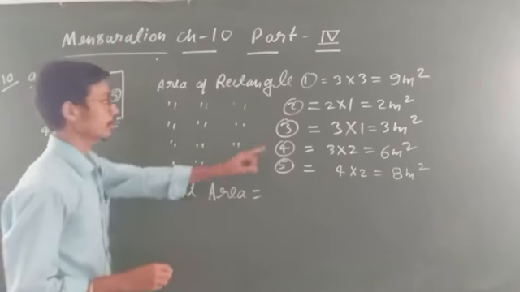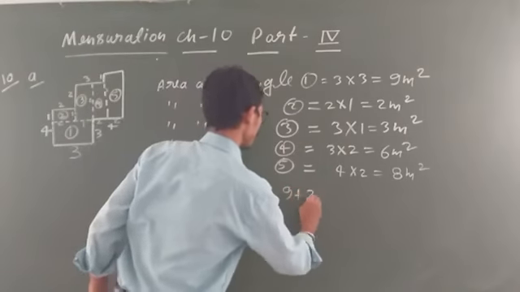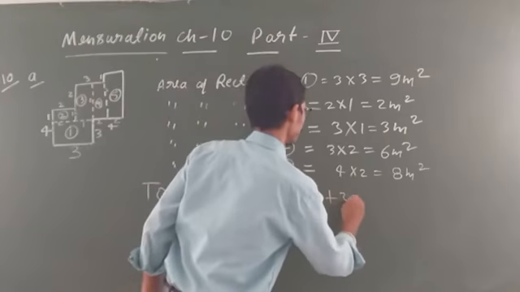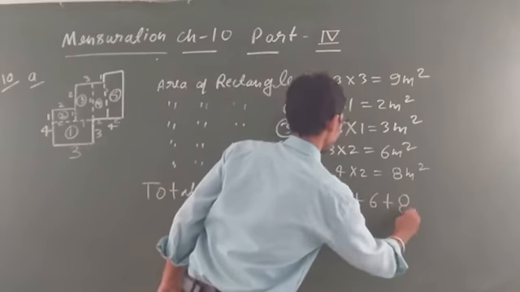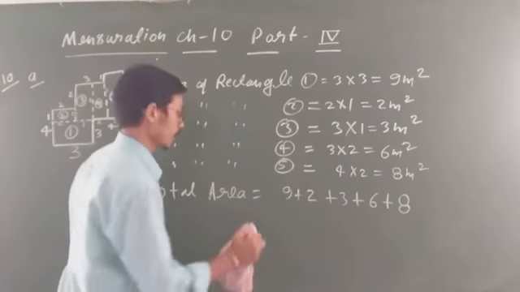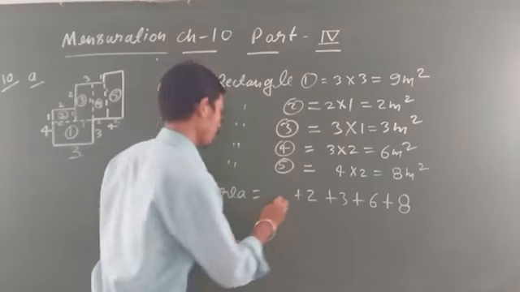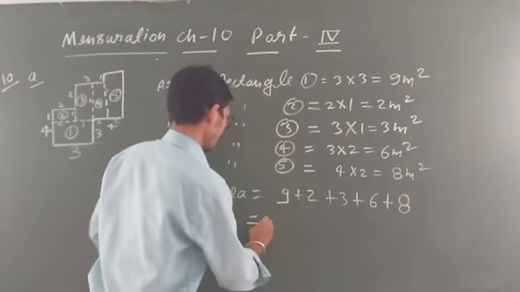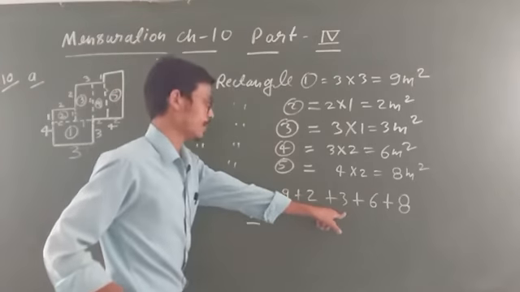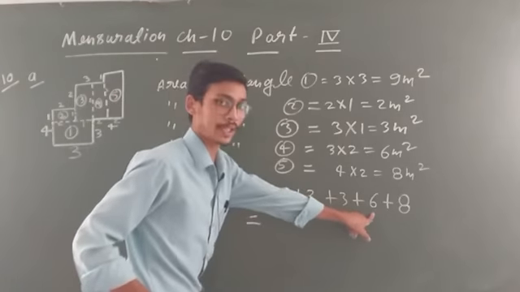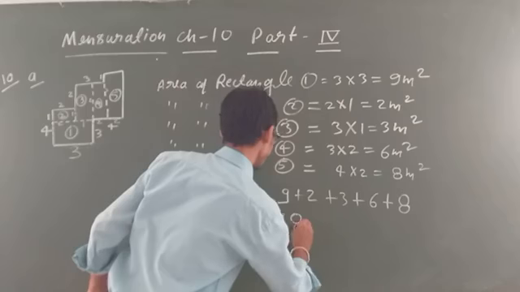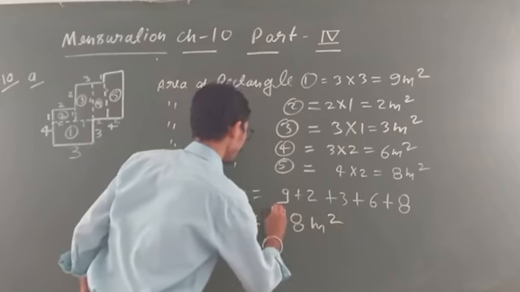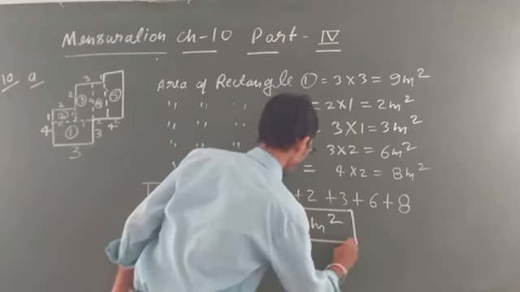Total area it will become 9 plus 2 plus 3 plus 6 plus 8. This is our total area. Now 9 plus 2 is 11, 11 plus 3 is 14, 14 plus 6 is 20, 20 plus 8 is 28 meter square, our total area of the diagram.